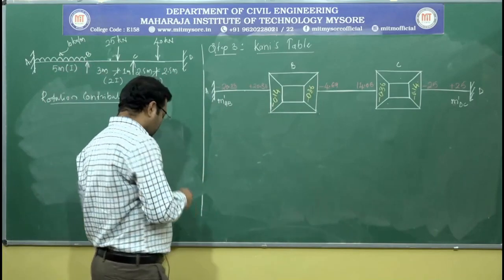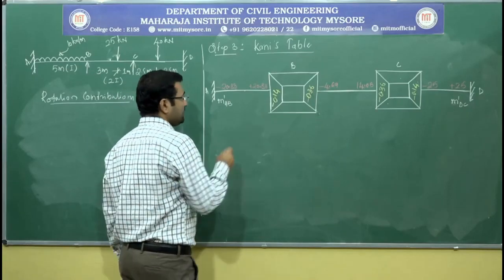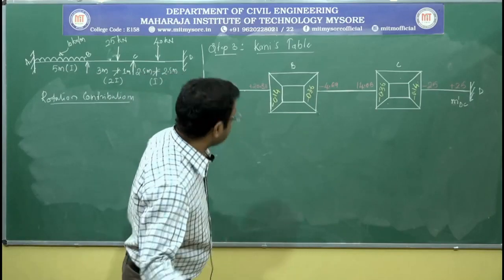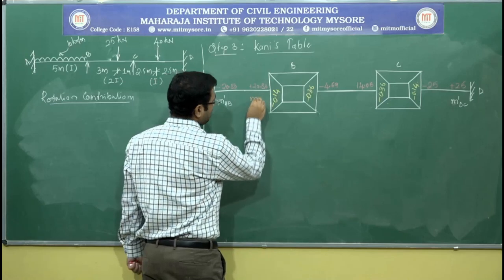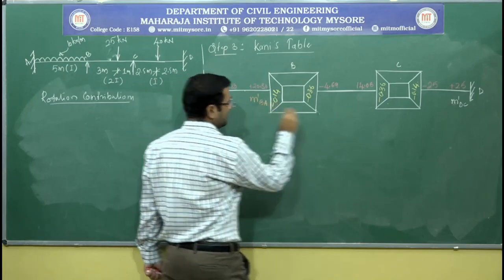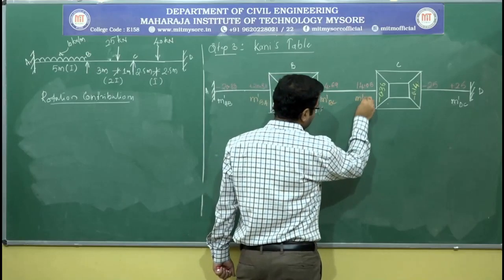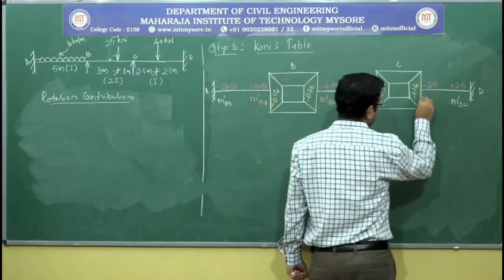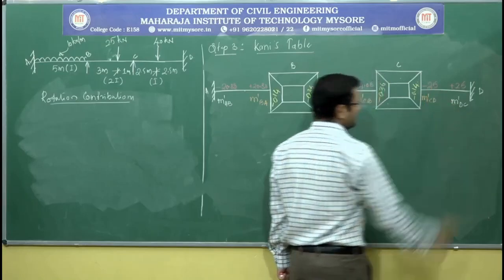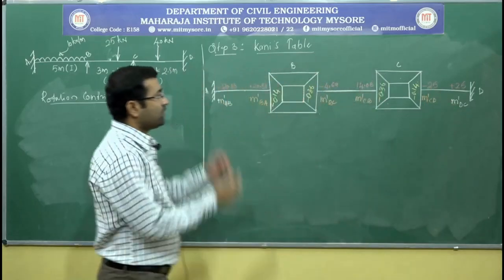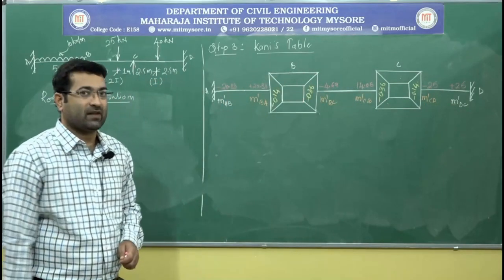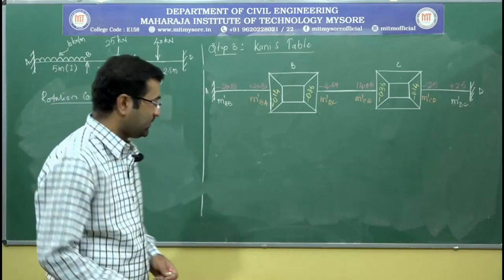What we are calculating are these values, that is m dash BA, m dash BC, m dash CB and m dash CD. So we are estimating only these rotation contributions at the intermediate joints.